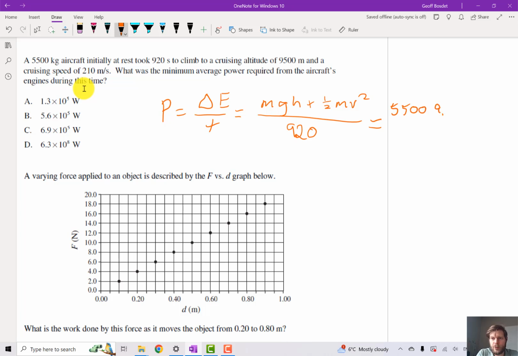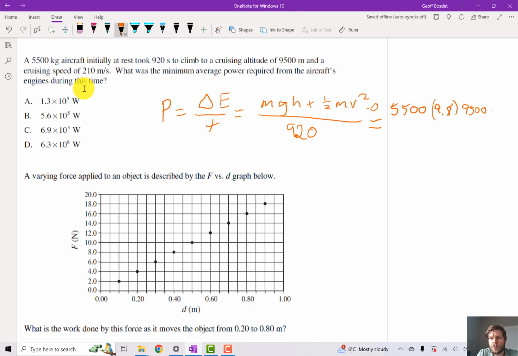5,500 times 9.8 times our height, because that's how much it changed by. Notice this should be change in energy, so final minus initial. This is our final. Our initial is just 0, so there's an implied minus 0 here to make it change in energy, because it starts off not up and not moving.